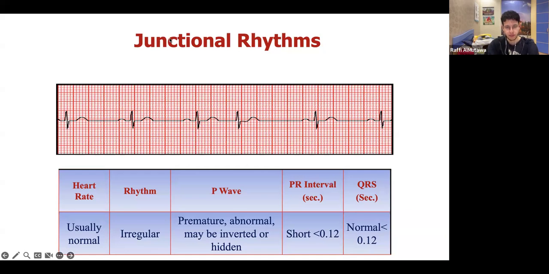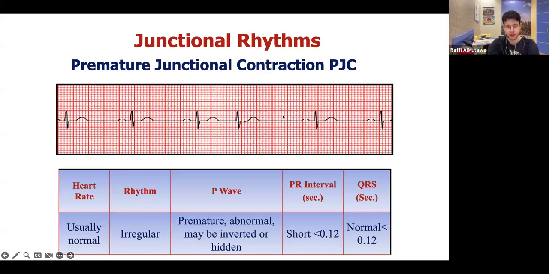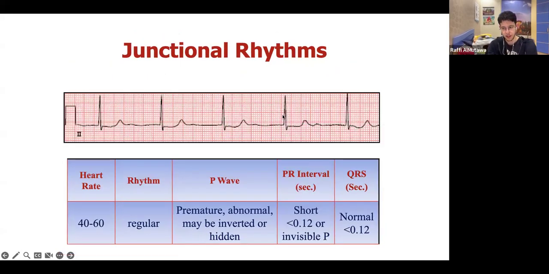PVC, right? Polyvinyl chloride. Good job. Plastic. Premature ventricular contraction. Okay, so this is a PJC, but if it had a wide QRS over here, that would be a PVC, as the sheikh said.